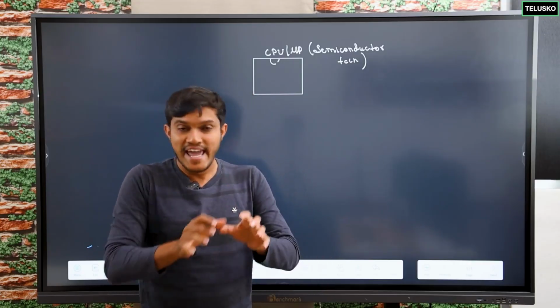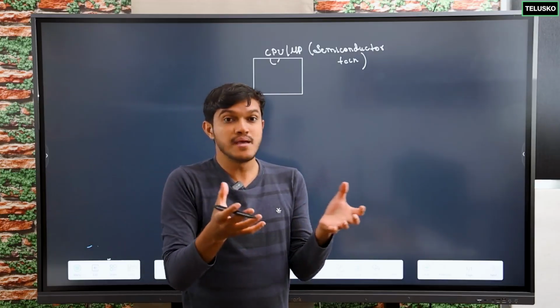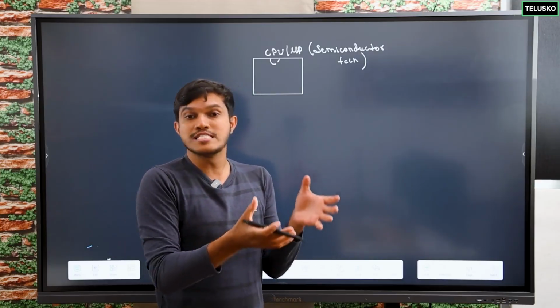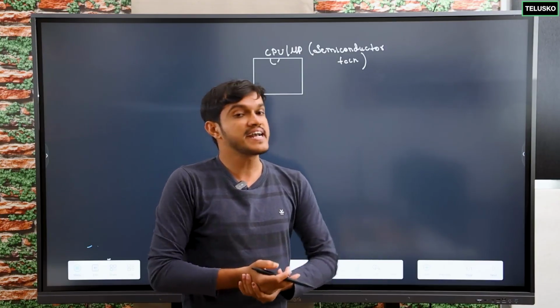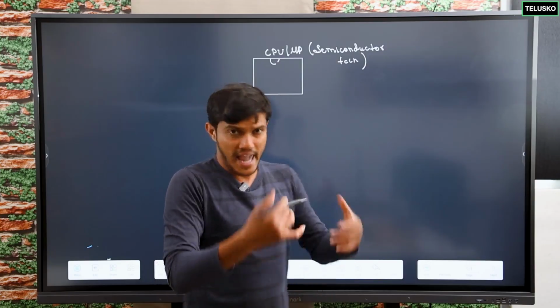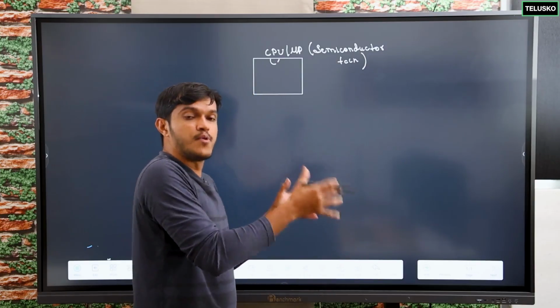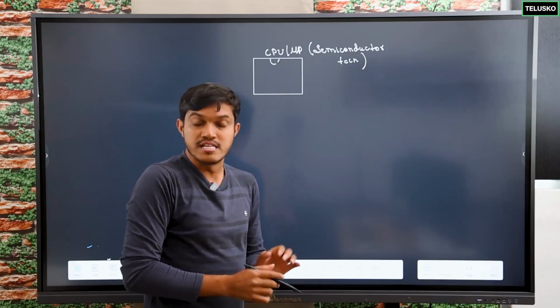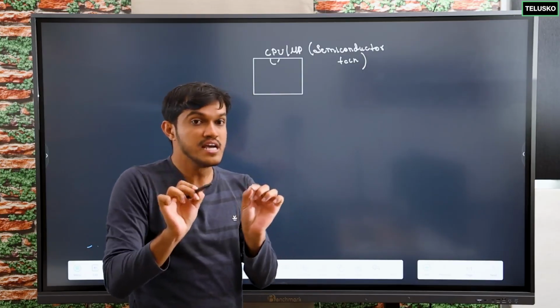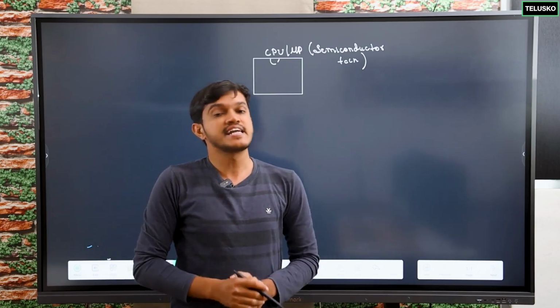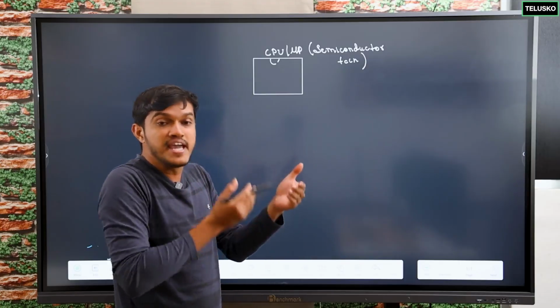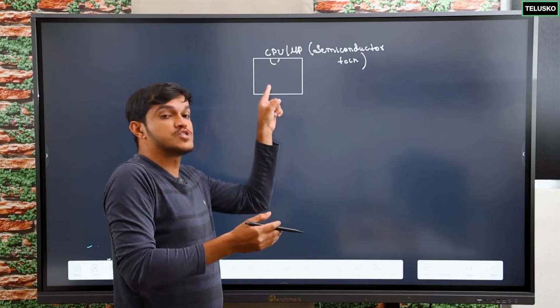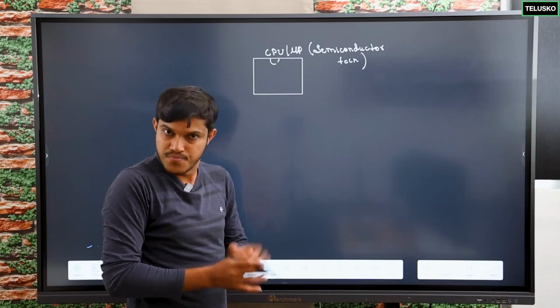Number two, any device which makes use of transistors and capacitors is called a semiconductor technology device. So the most important component of your computer, the brain of your computer, is a semiconductor technology device, which means transistors are used to manufacture this processor. That is the conclusion.